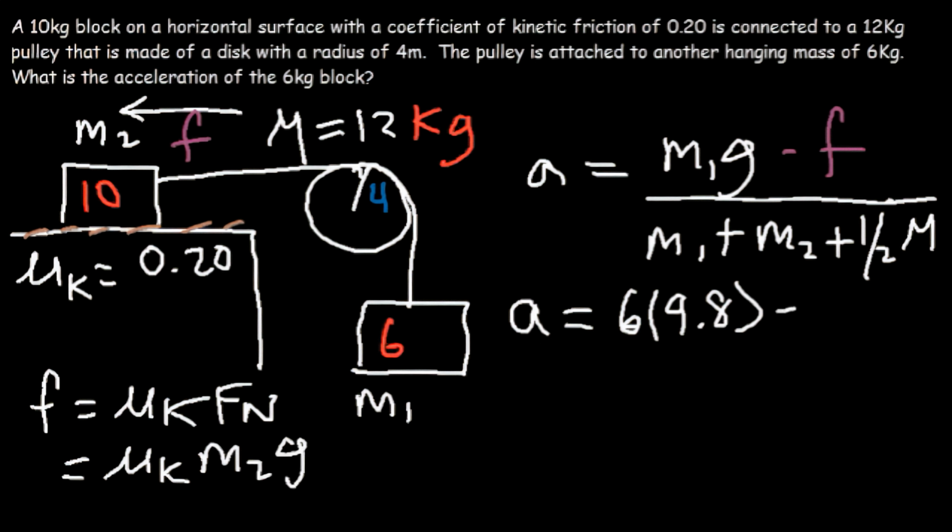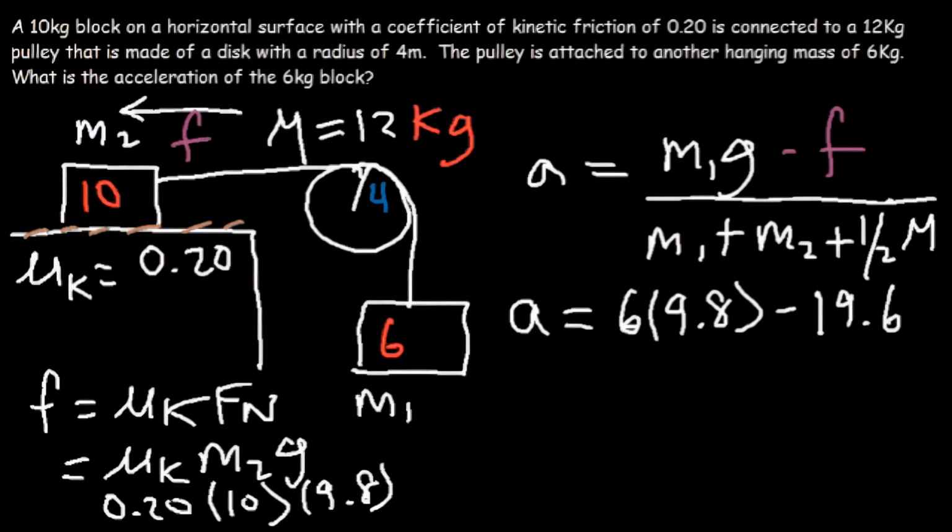So this is minus mu k, which is 0.20, times m2g. I'm running out of space, so I'm going to do it over here. So mu k is 0.20, m2 is 10, the g is 9.8. So 0.2 times 10 is 2, and 2 times 9.8 is 19.6. So that's the frictional force acting on block 2.